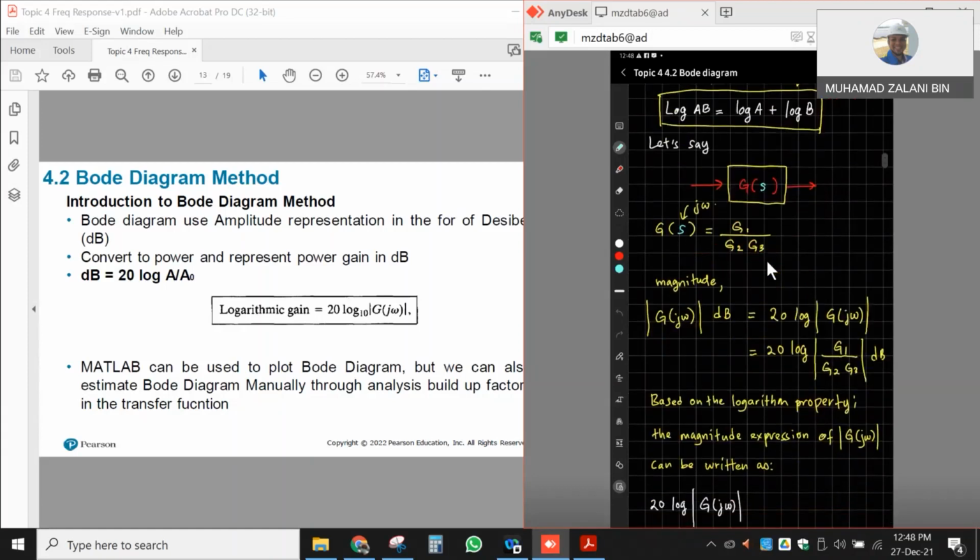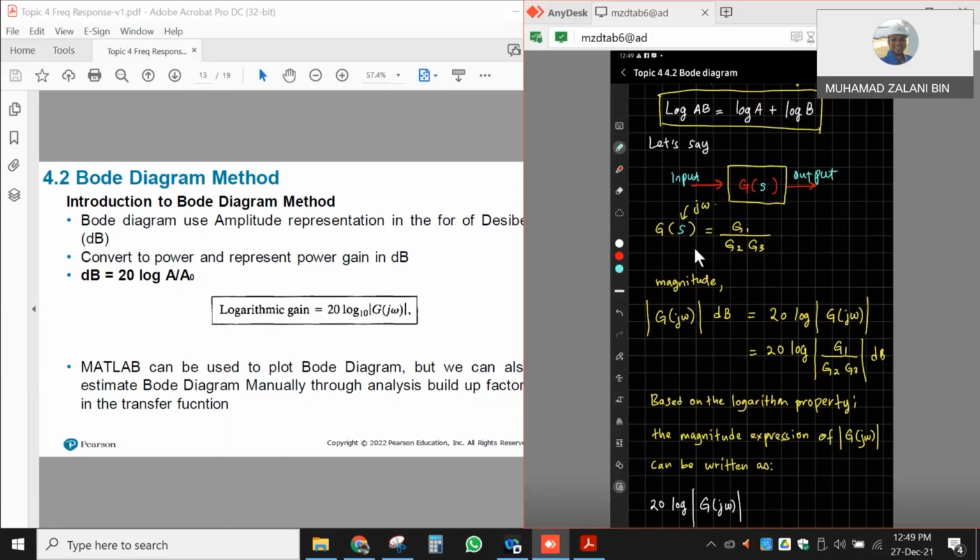Okay, let's say we have a system G of S, with an input and an output. As we want to do the Bode plot for the magnitude, the first part we will do is for the magnitude.